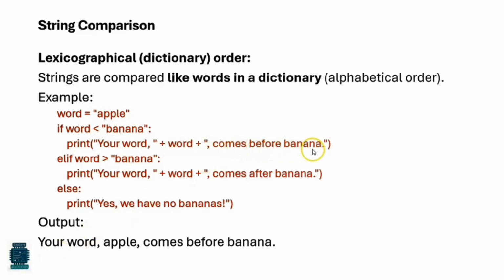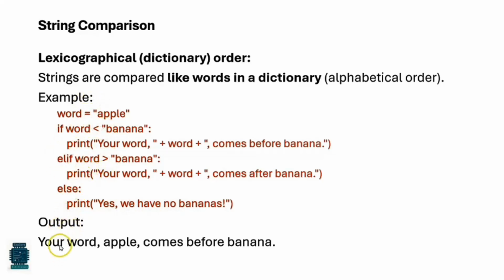If I have taken apple, it will print your word apple comes before banana, because A comes before B. That's why this is the statement that will print. And else if word is greater than banana, if I have taken cat as a word, it will print this statement. Else print yes, we have no bananas. It will print this statement when these two conditions become false.